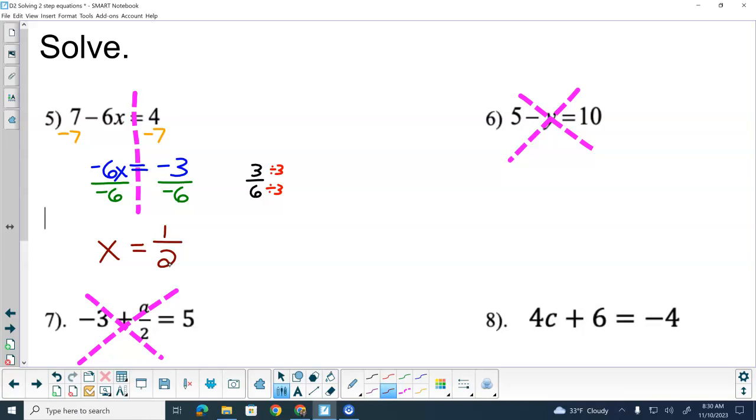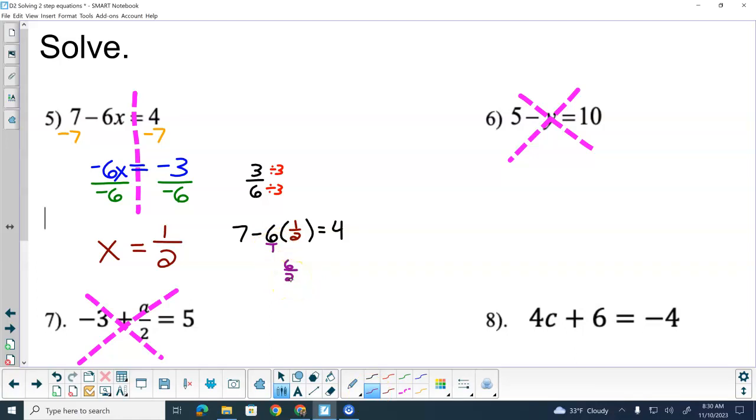Now, I should check my work to make sure that I did my work right. So I've got 7 minus 6 times 1/2, and that's got to equal 4. Okay? 6 times 1/2. That's going to be like 6 over 1 times 1 over 2, which is like 6 over 2.